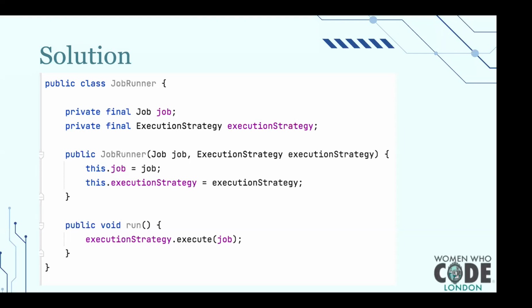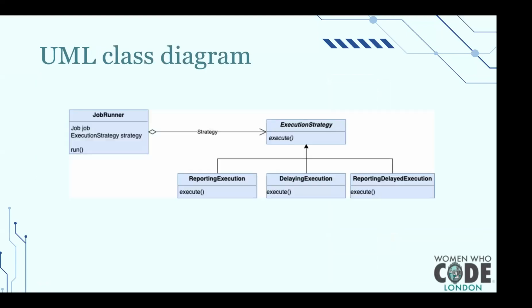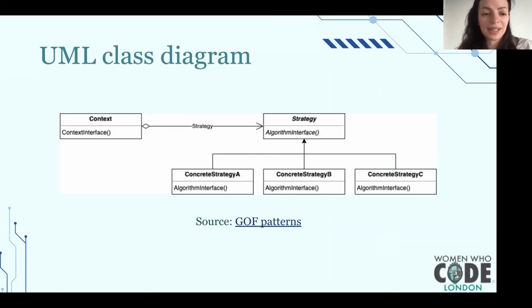So the job runner? Yes, this is the answer. That's correct, perfect. So in our case, the job runner is our context, and the execution strategy is the strategies that can be implemented: reporting, delaying, reporting with delays, anything you'd like.